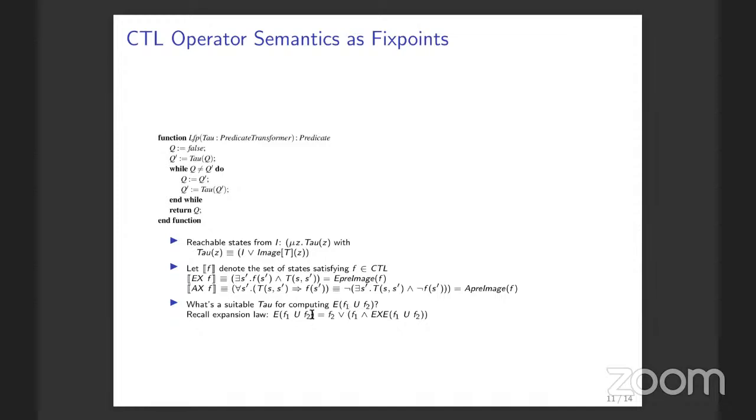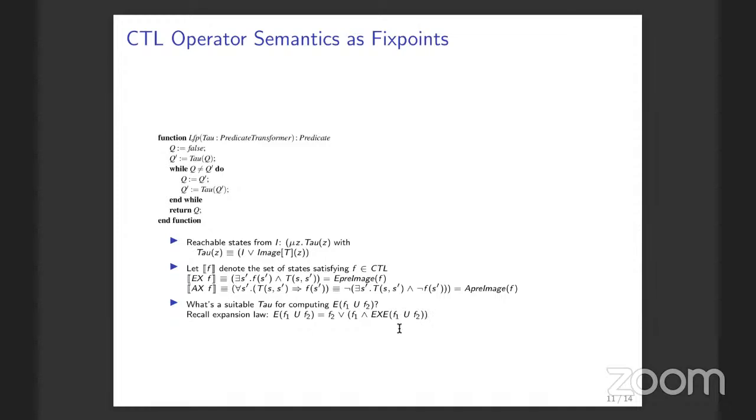satisfying EU. So E of F1 until F2 is true of any state that satisfies F2, or F1 has to be true now in the current state, and there must be a next state from the current state which itself satisfies E of F1 until F2. So this was the expansion law.